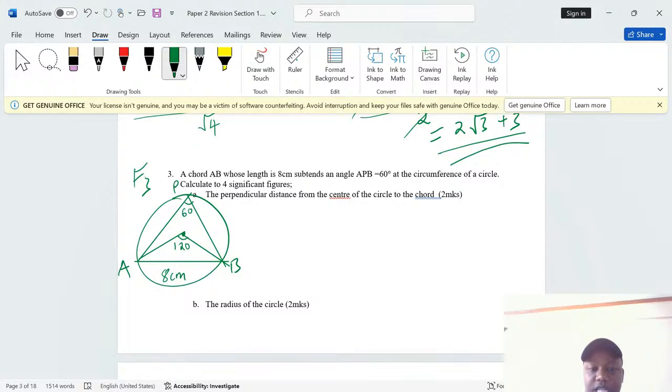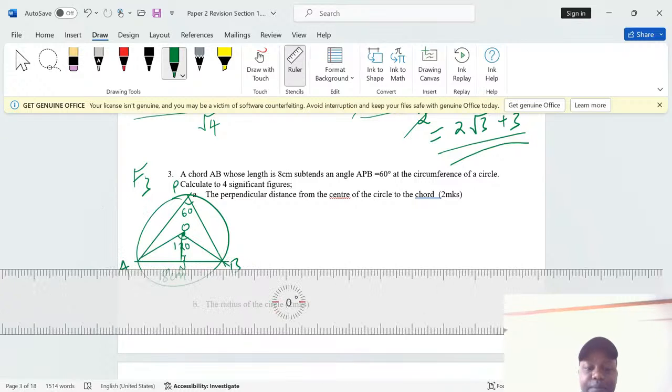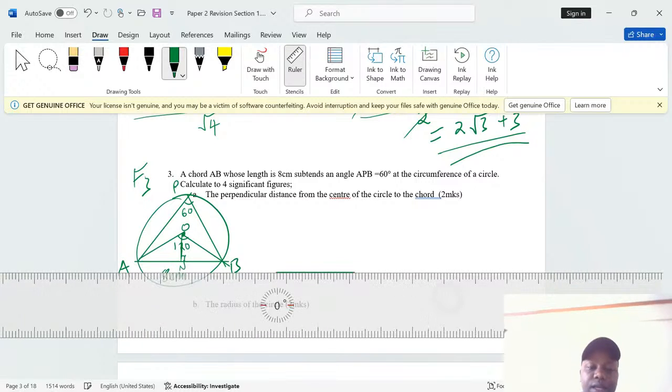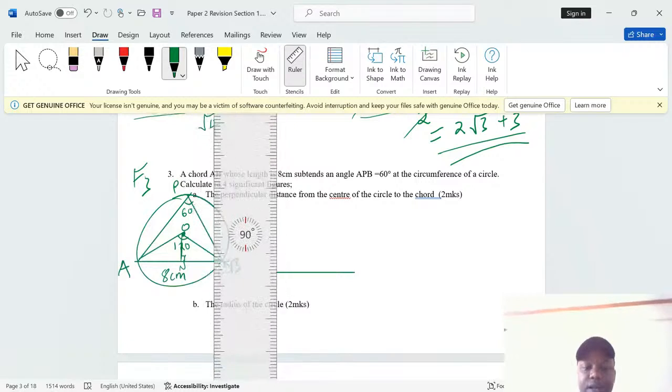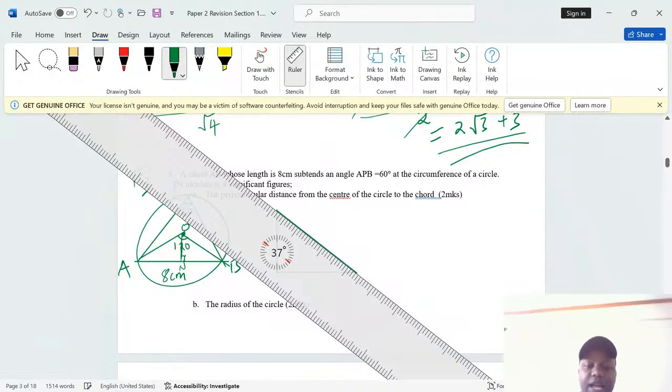We first of all want the perpendicular distance from the center to the chord. So from the center O to the chord, perpendicular distance, if we call this one point N, then I can resketch my diagram here such that I'm having a triangle here.